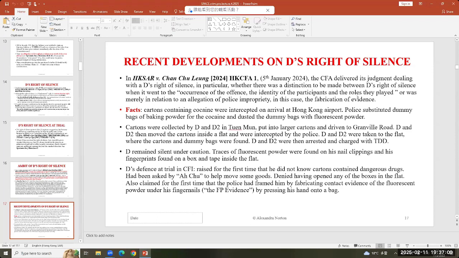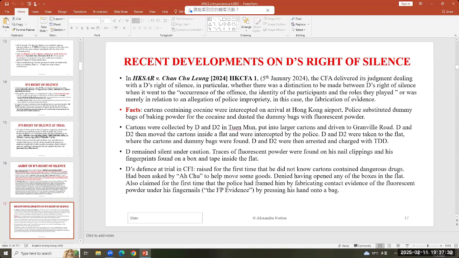And he raised that because it was the prosecution evidence that when they were processing the defendant, remember, they take his fingerprints and his measurements, they can also take fingernail cuttings. And when they'd taken the clippings of his fingernails, they had found traces of this fluorescent powder underneath his fingernails.